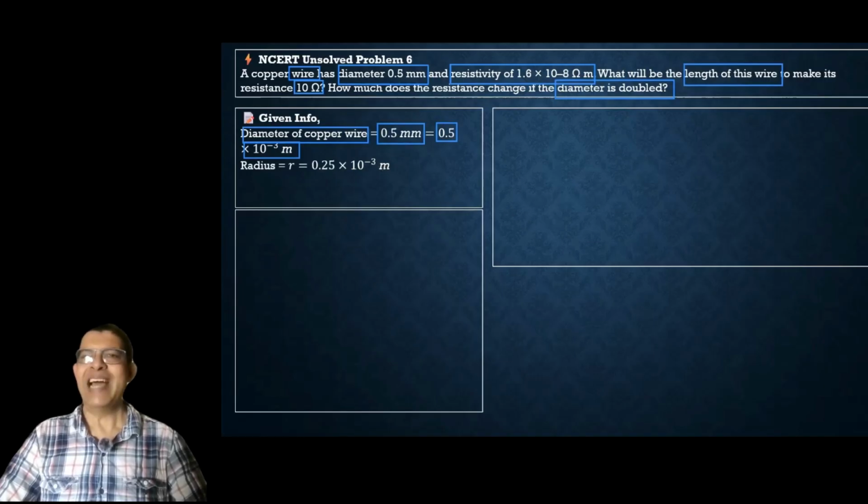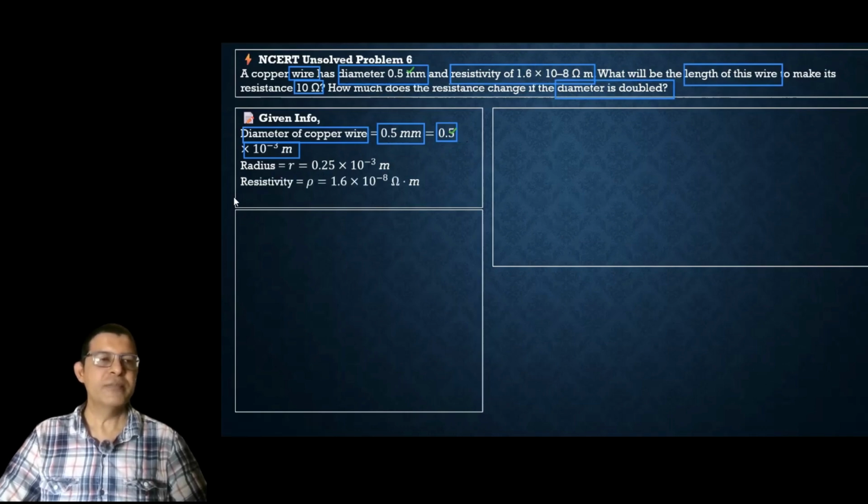Radius is not given, diameter is given. So diameter we divide by 2. 0.5 divided by 2 you will get 0.25 into 10 raised to power of -3 meters.